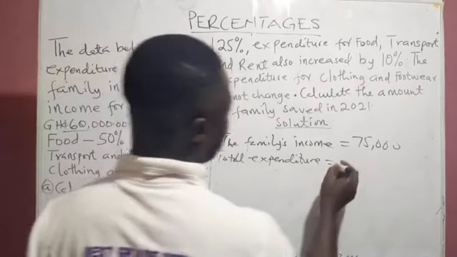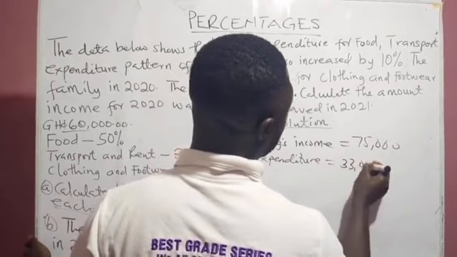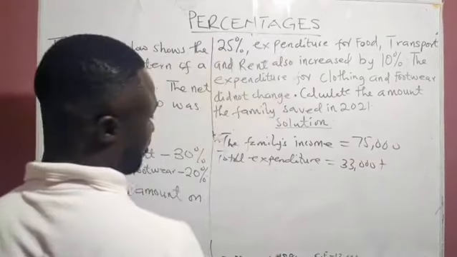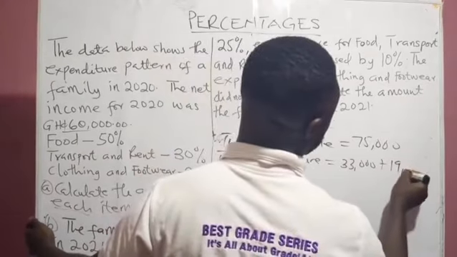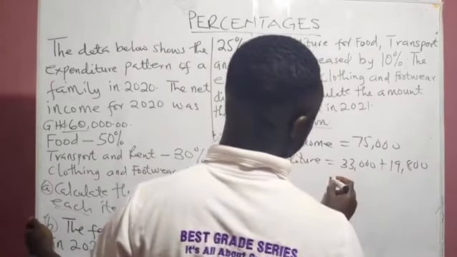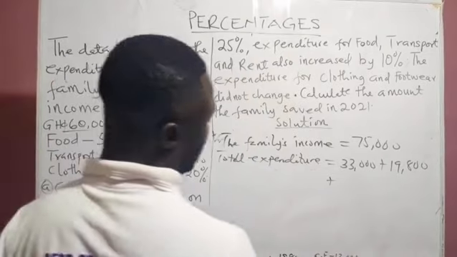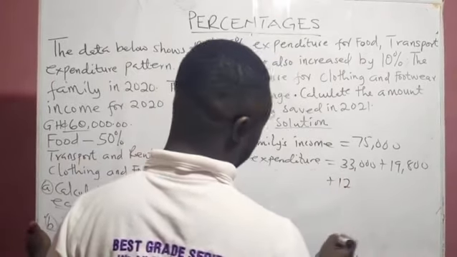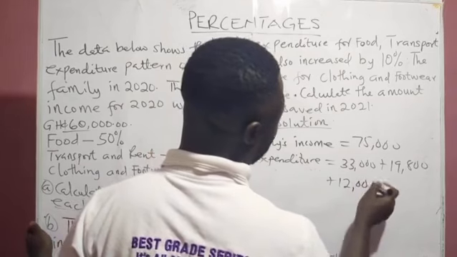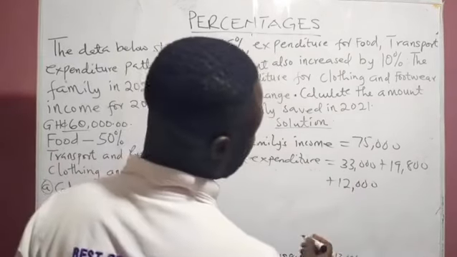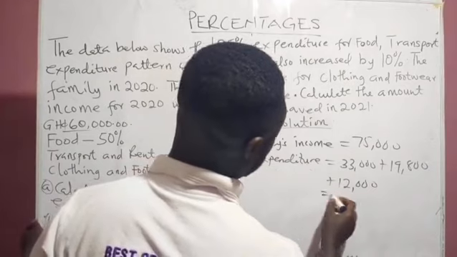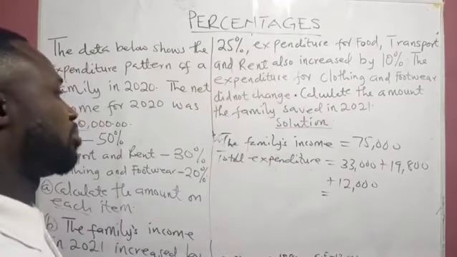Food now is 33,000 plus transport, including 19,800, plus clothing and footwear, which did not change, that is 12,000. So that will give us the total expenditure.